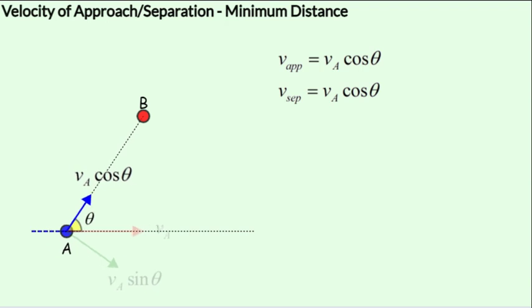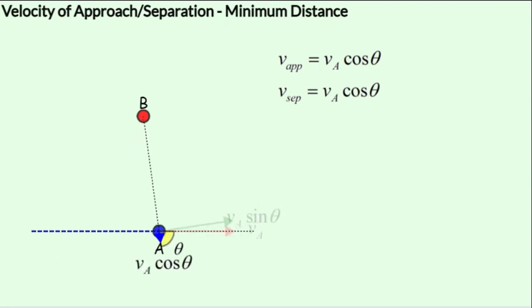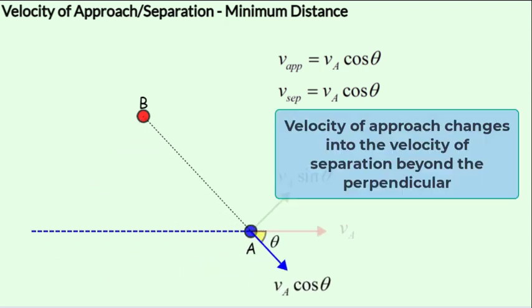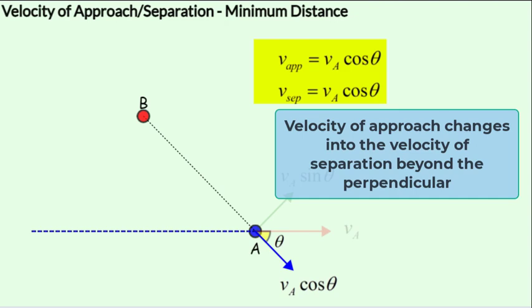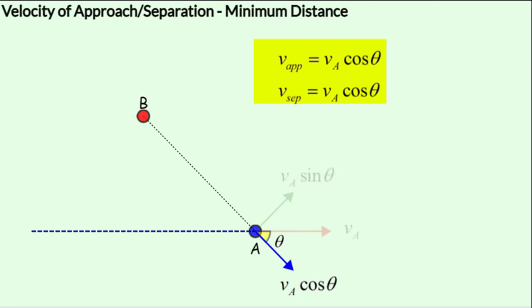So what's happening here is the velocity of approach changes into the velocity of separation, but both are computed using VA cos theta, as that is the component which lies along the line AB.